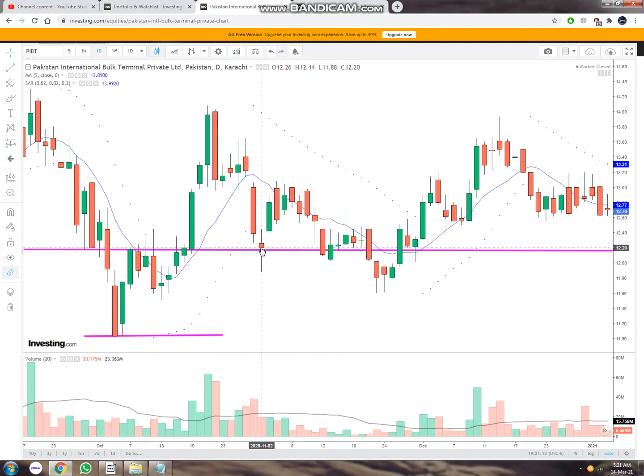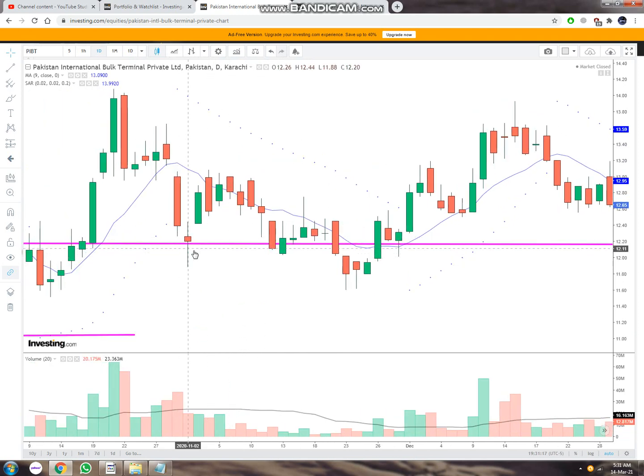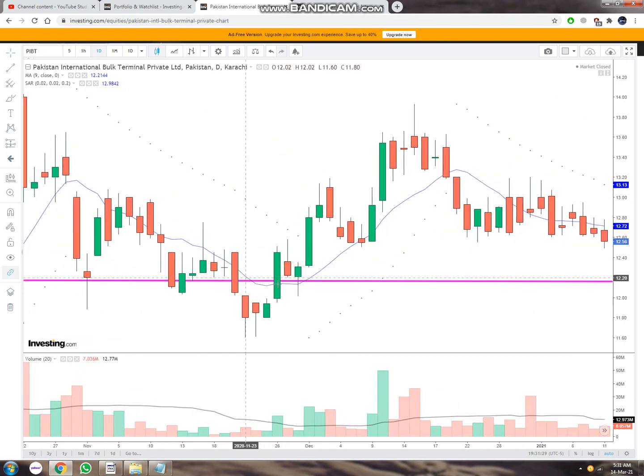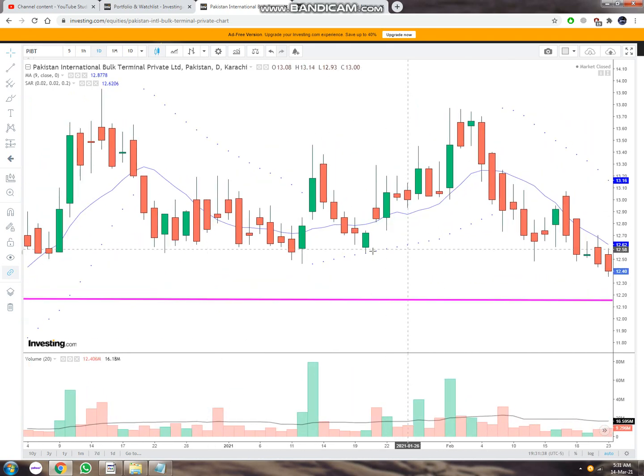Now this is a great point to long your position, because price rejection happened at the support level. Price got rejected at this level and the stock went up, so this is a great entry point. Again it came back down. This time, though it was a false breakout, it didn't confirm its position. You can enter at this level, move along the trend, and sell your stock at any level.